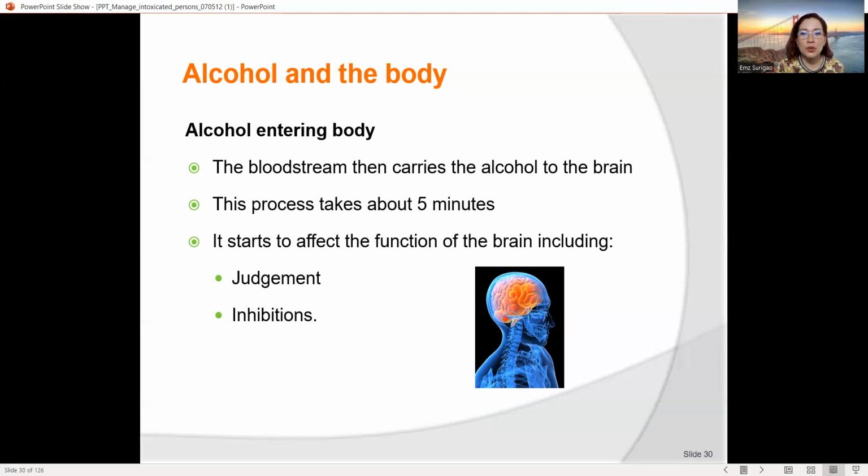Entering the body, it enters your bloodstream, which then carries the alcohol to your brain because the blood is circulating. This process takes only about 5 minutes. Just imagine, it starts to affect the function of the brain, including your judgment and your inhibitions. So you cannot control your inhibitions and your actions if you drink more than you're capable of.